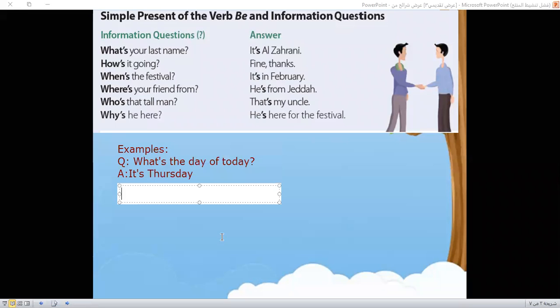Okay, let's write another question. Who has an example here? Any question asking about information? Okay, thank you, Rahaf. Rahaf said the question is, where is your car?